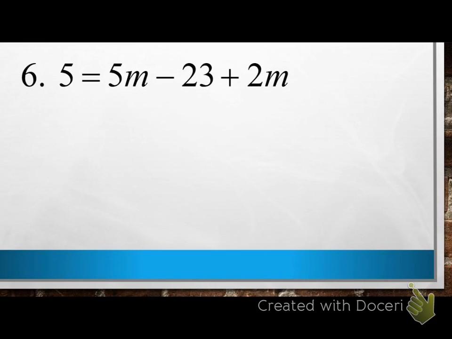Now I haven't done one like this. 5 equals. If you need help, look. 5m and 2m are on the same side. So what's that mean? What is 5m plus 2m when it's on the same side? 7m minus 23. That should have been your first step.